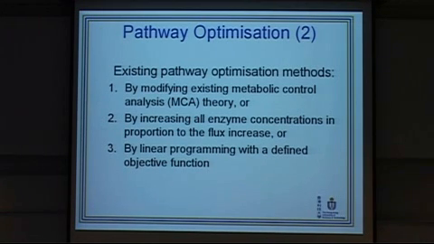The second one is just a simple flux theory where if you increase all of the enzymes in a particular pathway by the same amount, then you can generally get the flux increased by that method. The third one is a whole sort of mathematical series of programming which can be used. So basically they involve some programming and some defined objective functions. And this is part of the sort of strategy we're going to talk about today. But the first one is also included in the analysis.